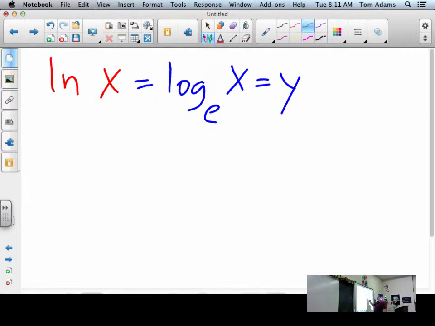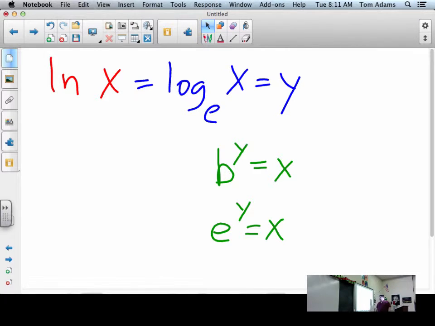And we said that the relationship is b to the y equals x, or in this case, e to the y equals x, right? Is that right? So now your question is, can you take the log of a negative number? And my answer is, it depends.